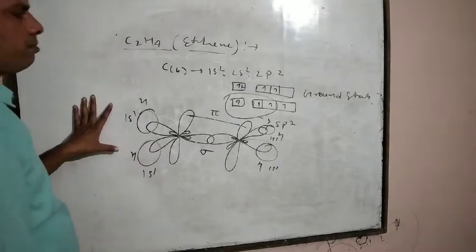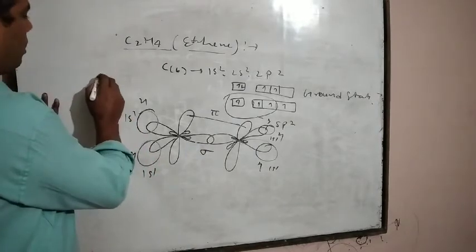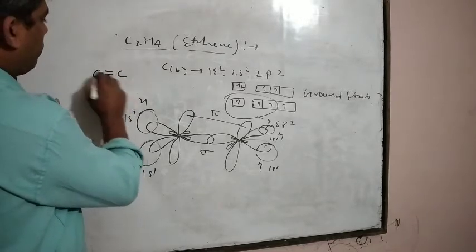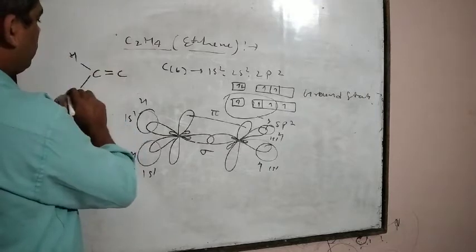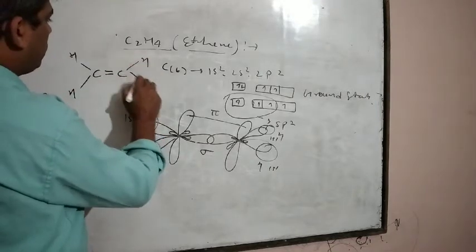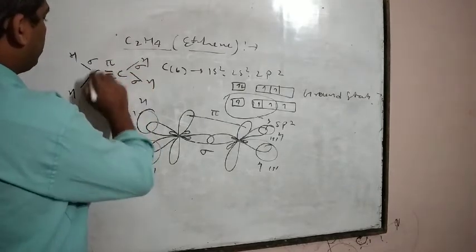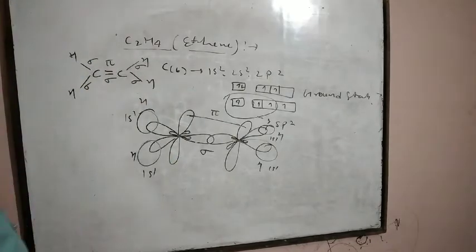In this way, a carbon-carbon double bond is present between the carbons: C double bond C, H, H, H, H. 1 sigma, 1 pi; here sigma, here sigma, here sigma, and here sigma.